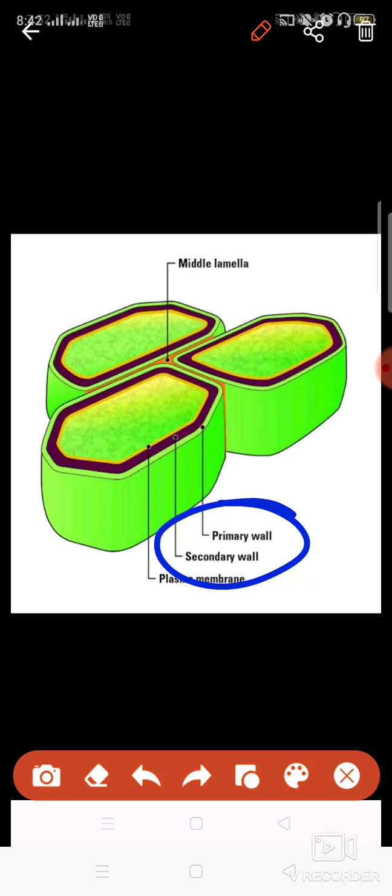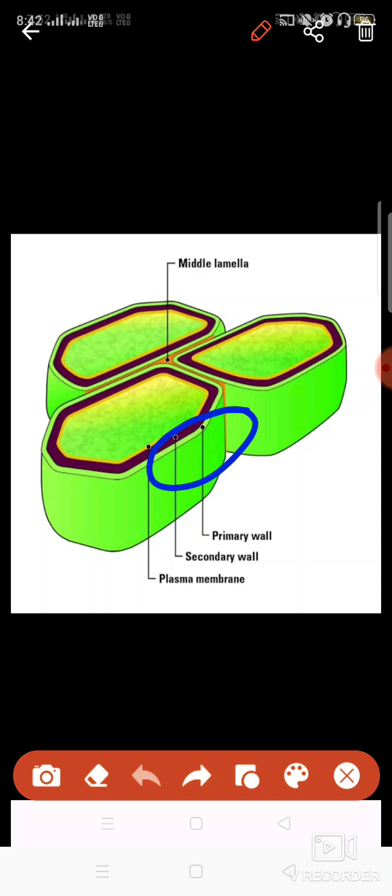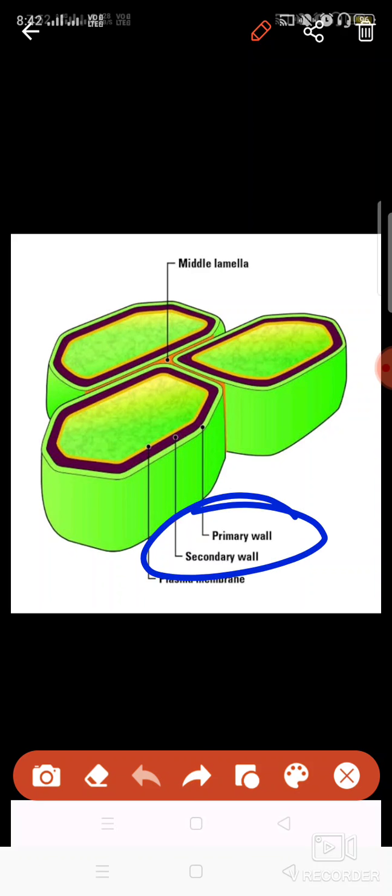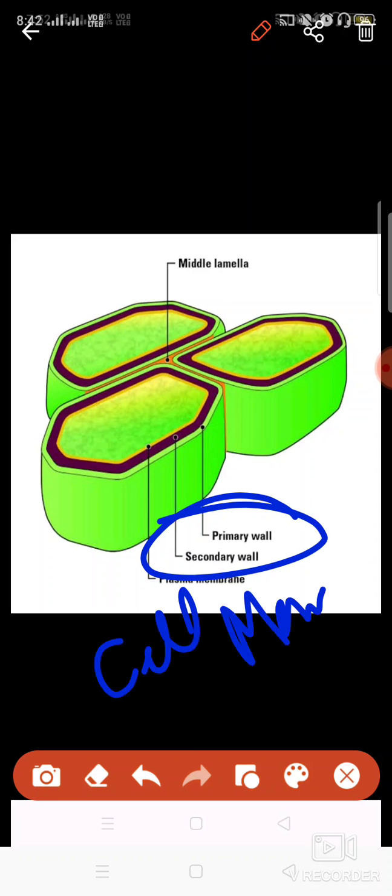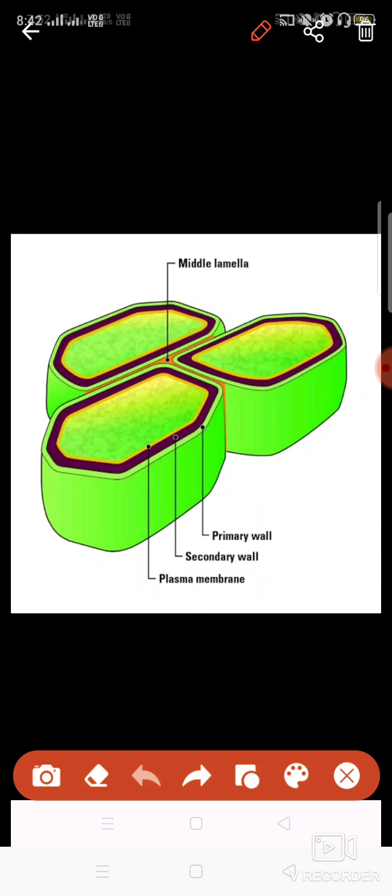These are formed by the deposition of pectin, cellulose and hemicellulose. These substances are secreted by the plasma membrane and get deposited into different layers, and these form the cell wall, which is composed of the primary and secondary wall.